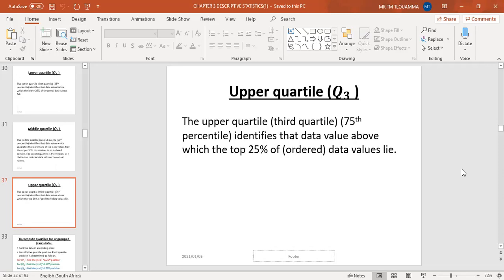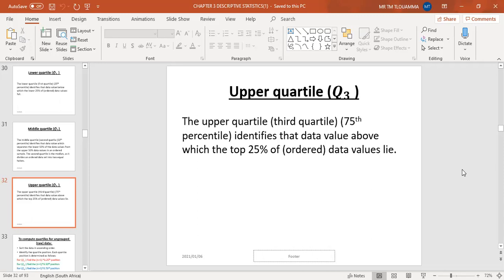Lastly, we're having the upper quartile. The upper quartile is the third quartile represented by the 75th percentile, right? And it identifies the data value above which the top 25% of the data values lie. It lies where?